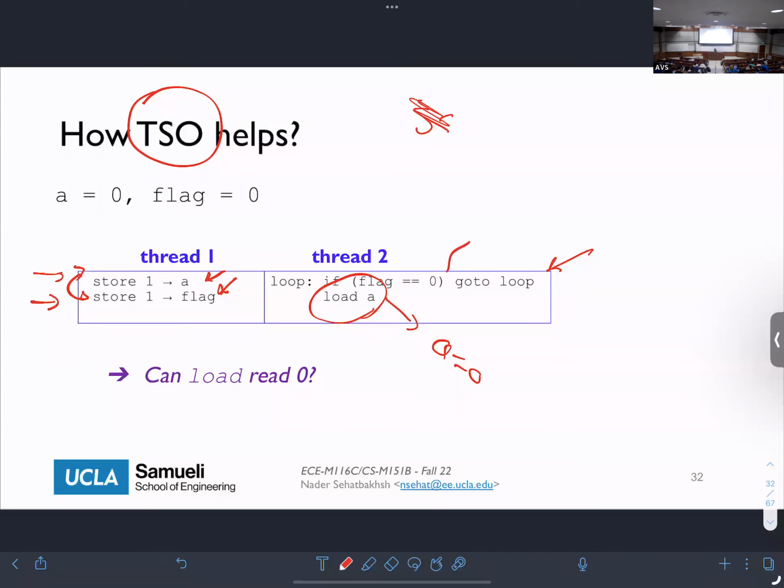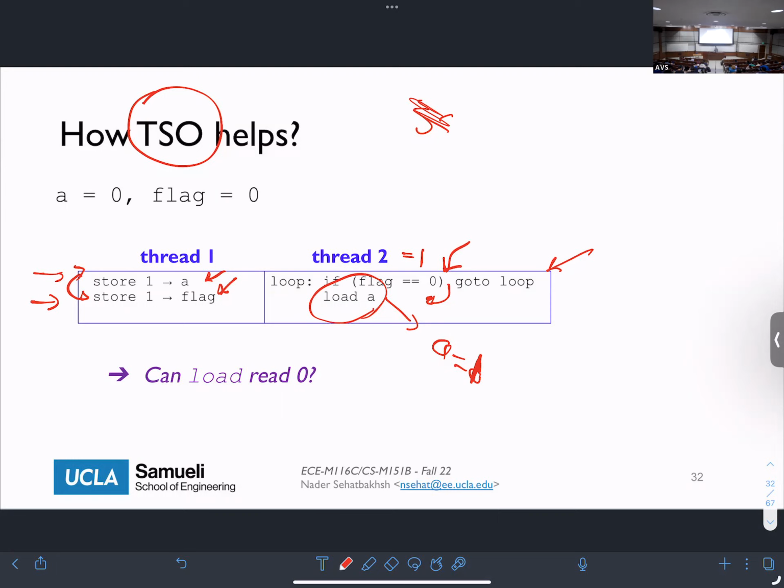As a result, these other cores will see that the flag becomes equal to 1 first. And once we are inside this loop, it's guaranteed that A is already equal to 1. Same for sequential consistency, because for sequential consistency, we said that everything has to happen in order. And for TSO, we are just saying let's relax the loads after stores, but everything else has to remain the same, which means that I cannot reorder writes after writes.